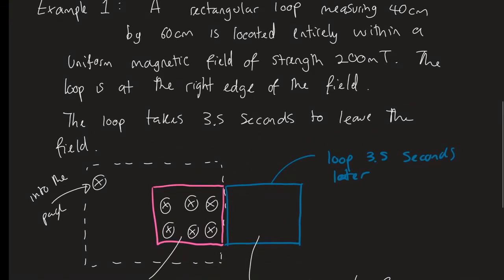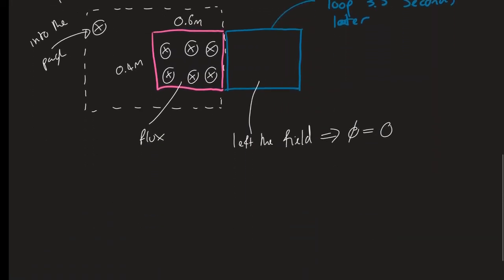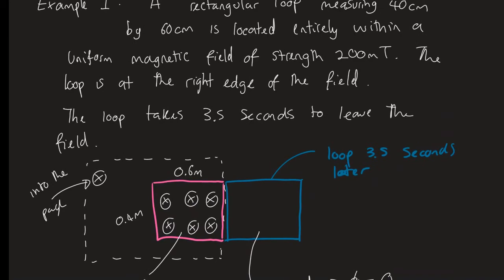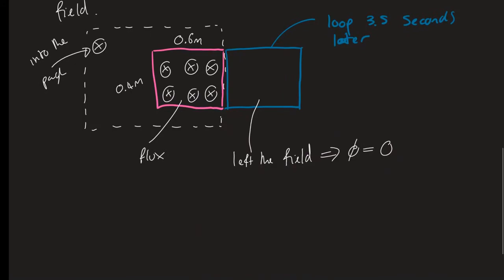Let's add the dimensions mentioned in the question. So 0.6 meters is the width, and 0.4 meters is the height of this. We can deal with some calculations. We saw that the field strength, right there, is 200 milliteslas.